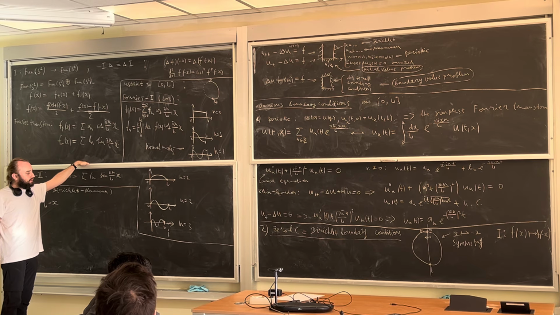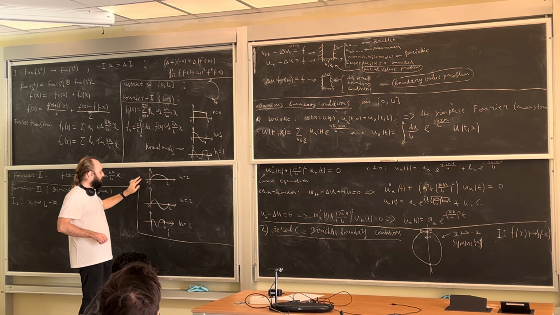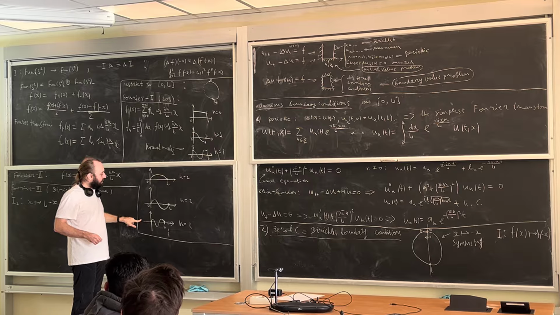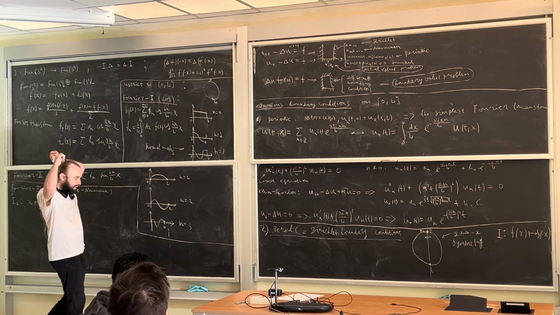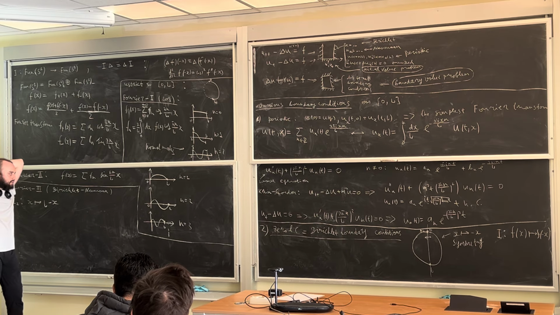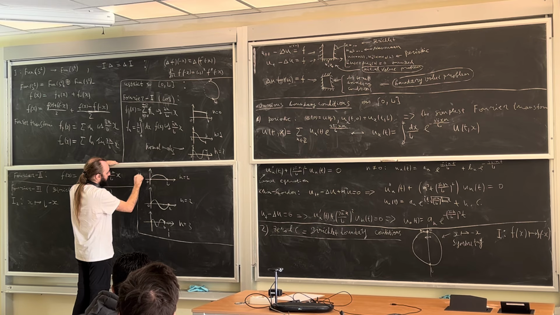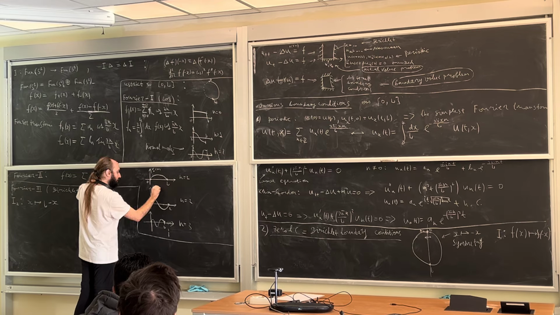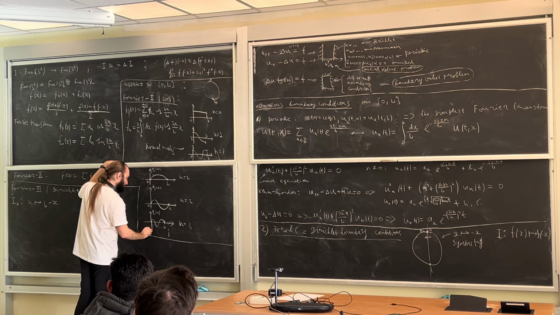So what can we say about these three functions? How does E2 act on them? So let us call them phi1 of x, phi2 of x, phi3 of x, and so on.